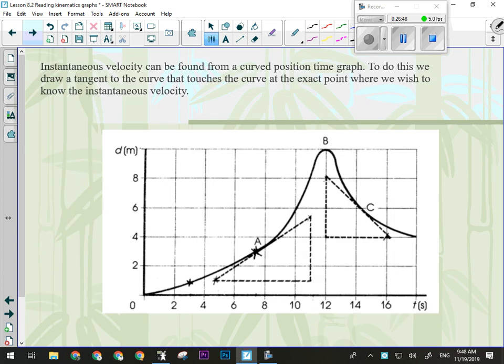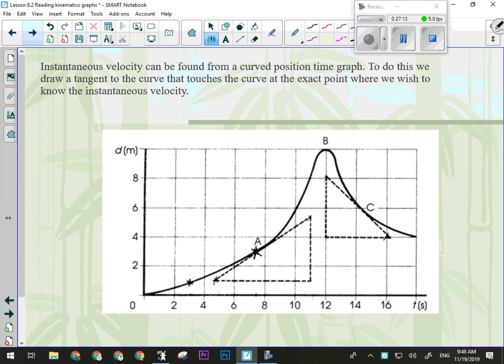Sometimes we're going to get a position versus time graph that's going to have curves on it. And we've already said that curves mean the change in position is no longer constant. So the object must be accelerated. In the first part of this graph, the object is accelerating forwards, and it's going faster.